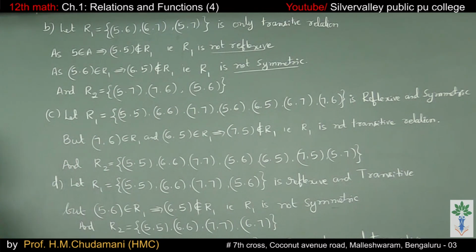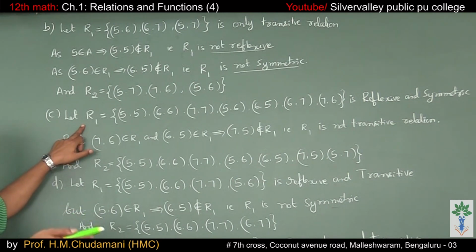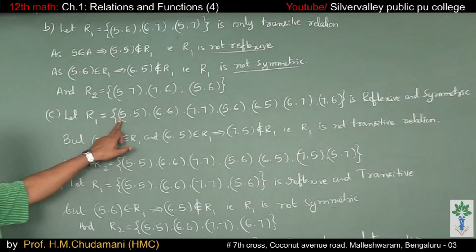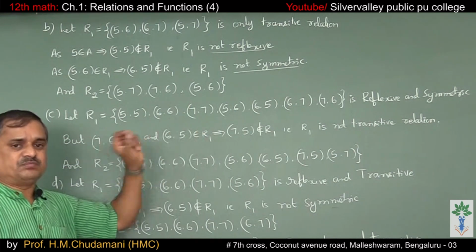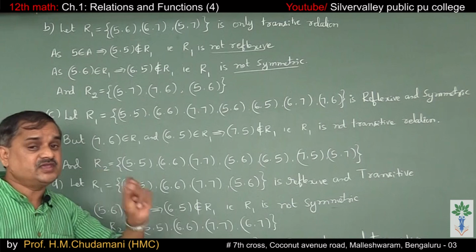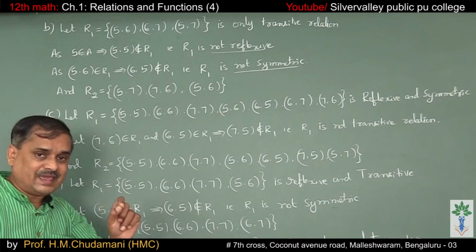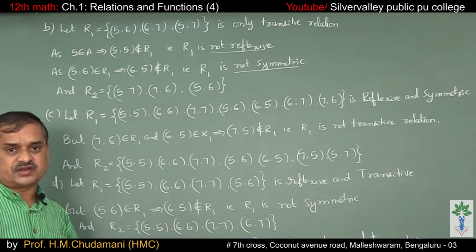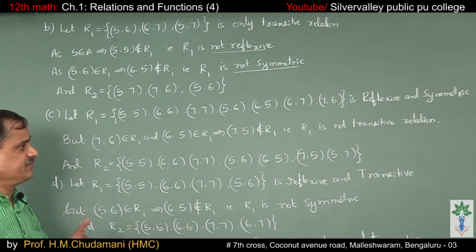Let us take the third case. It is reflexive and symmetric but not transitive, we are supposed to say. So since the set A is 5, 6, 7, if it is to be reflexive, 5 comma 5, 6 comma 6, 7 comma 7 must be there. For every element of the set, A comma A belongs to the relation if it is to be reflexive.